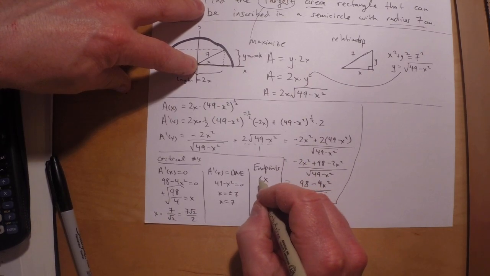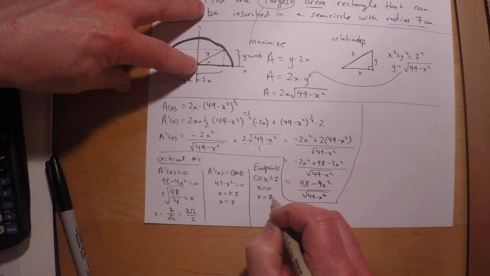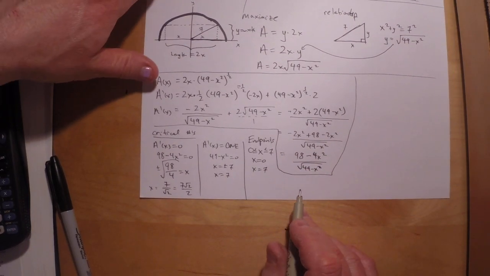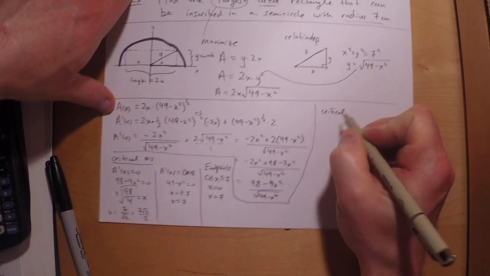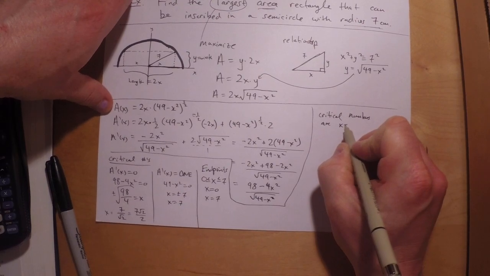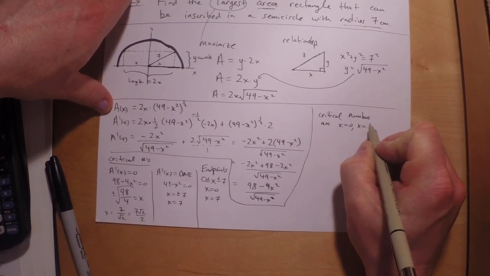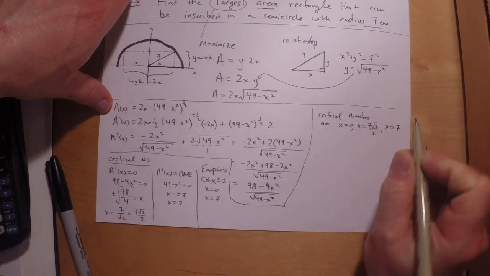So between 0 and 7. So x equals 0 and x equals 7 are my endpoints. So there's my critical numbers. So critical numbers are x equals 0, x equals 7 root 2 over 2, and x equals 7.